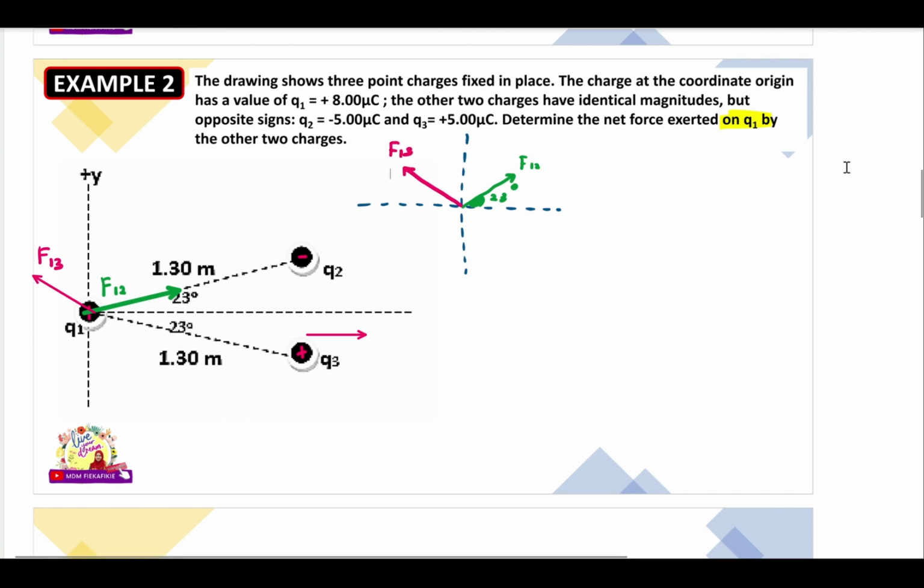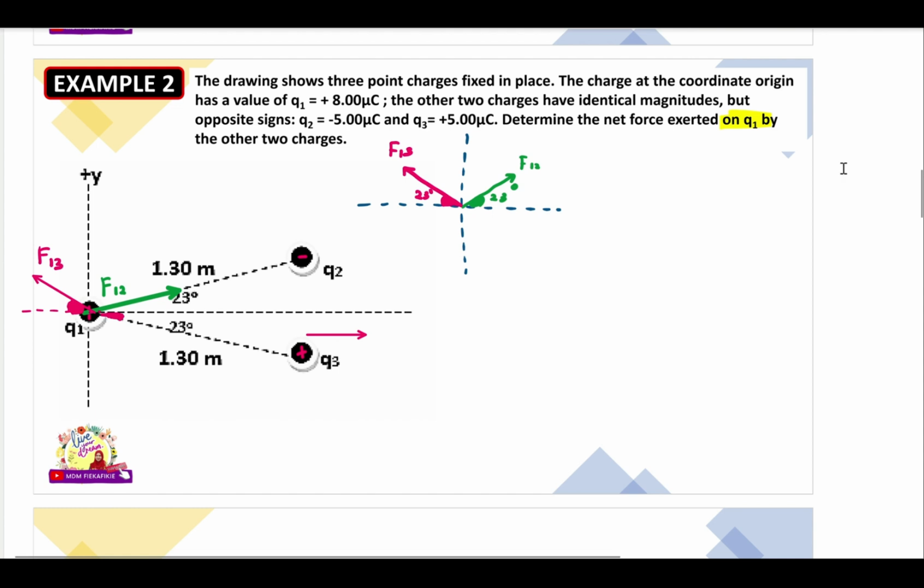So kalau dekat sini kalau macam ni lah kita lukis. So kalau kat sini 23 degree, so sini pun mesti 23 degree. Okay, so dekat sini, 23 degree.